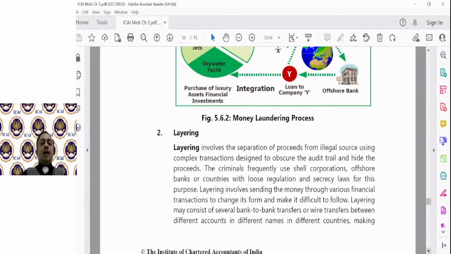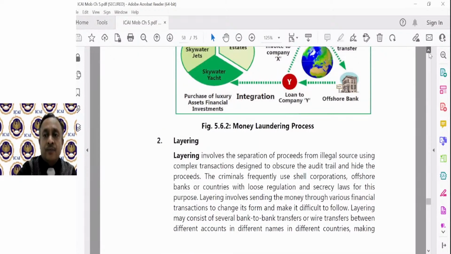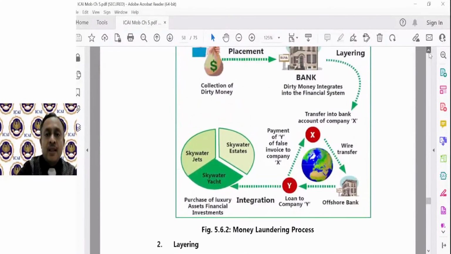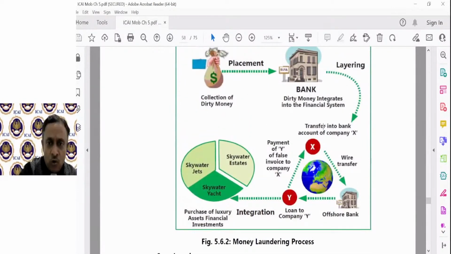Layering. Layering involves the separation of proceeds from the illegal source using complex transactions designed to obscure the audit trail and hide the proceeds. Now, let us read what layering means in this flowchart. The money has been received, and you do a very complex transaction. From the bank, the money is sent to company X, then X sends it to a bank outside India.